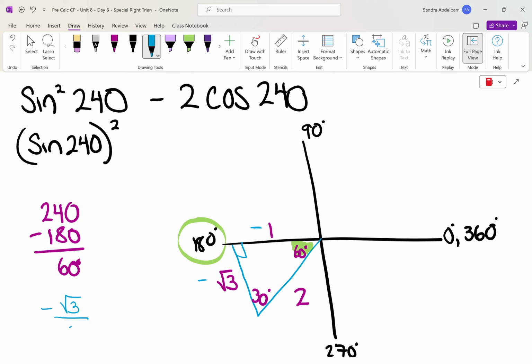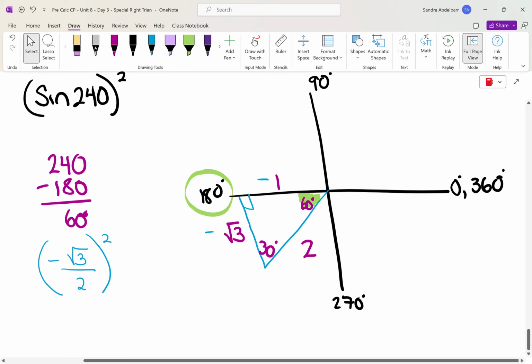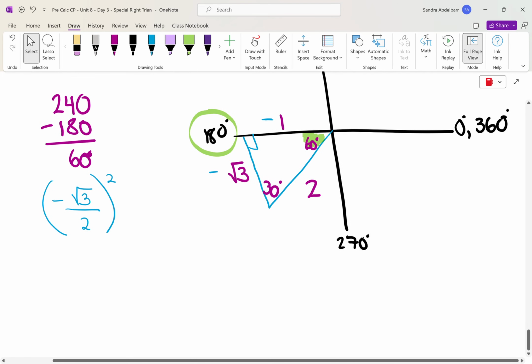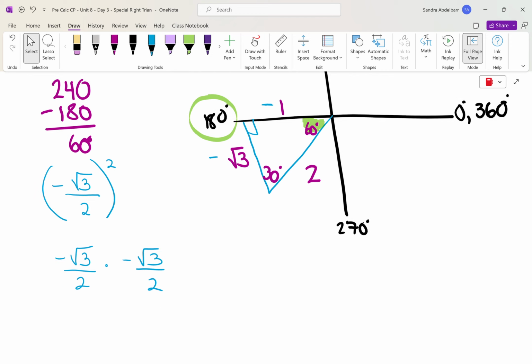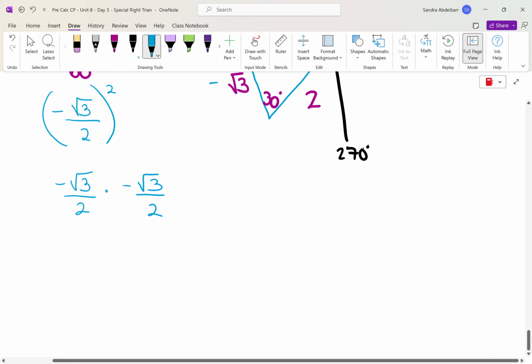Now we find the sine of 240, so that's going to be the opposite, which is negative root 3, over the hypotenuse, which is 2. But remember, it was sine squared, right? So we have to square that. So now I'm going to have negative root 3 over 2, squared.